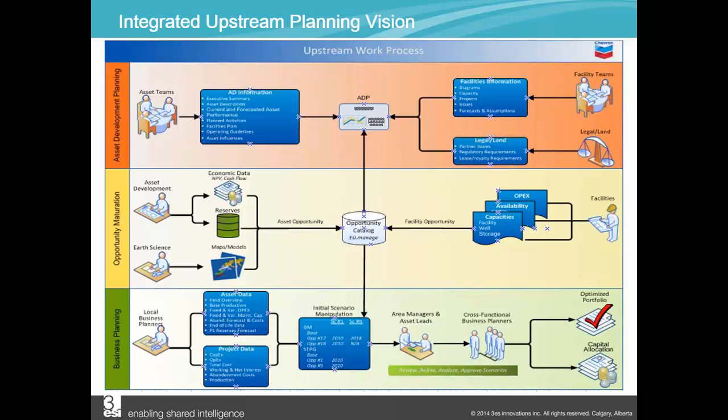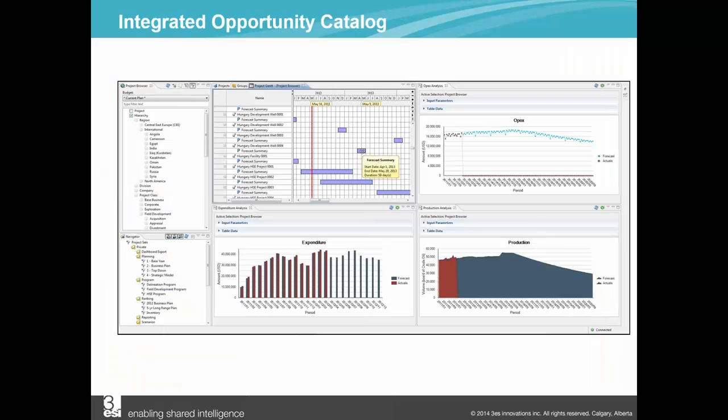After several months of planning, requirement gathering, solution design, more planning, and working the vision with the teams, the Integrated Opportunity Catalog was realized within the Gulf of Mexico Business Unit.